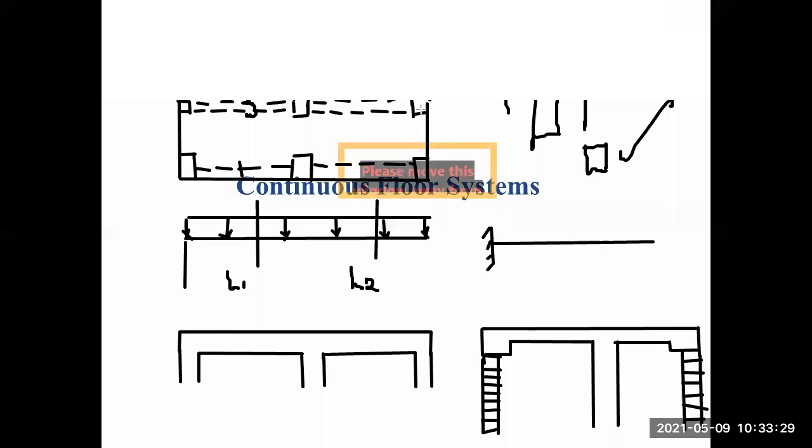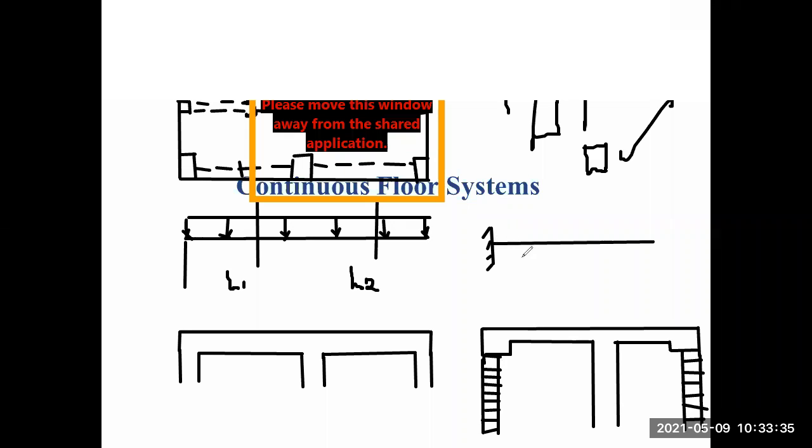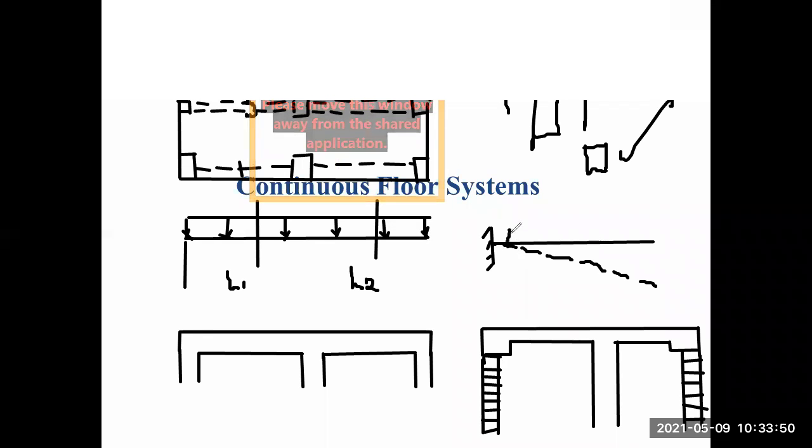Restrained means that you have a moment at the end. That's why you have a moment, because it's restrained. So when it deforms this way, the angle of rotation, if we label it as theta, would be equal to 0.